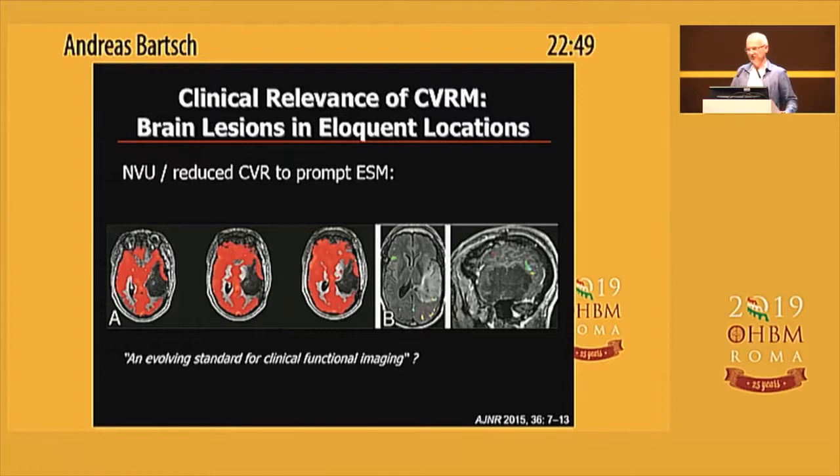So these people should go, well, some people could argue if you nevertheless tried conventional fMRI, but these people should undergo ESM. And that's why some people have argued that this is an evolving standard or even an established standard for clinical functional imaging.